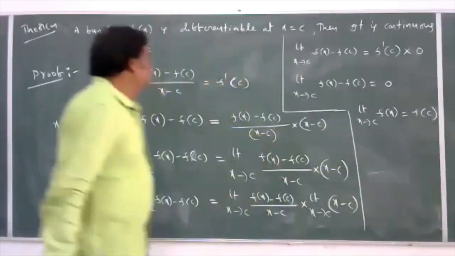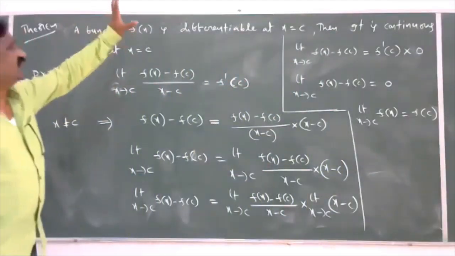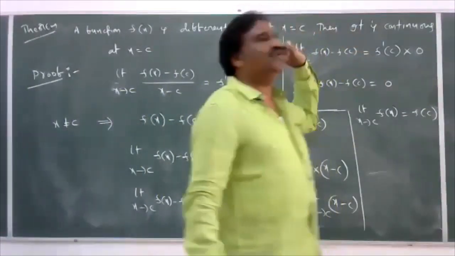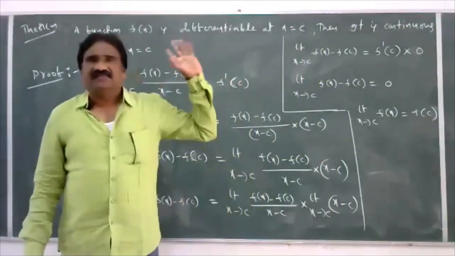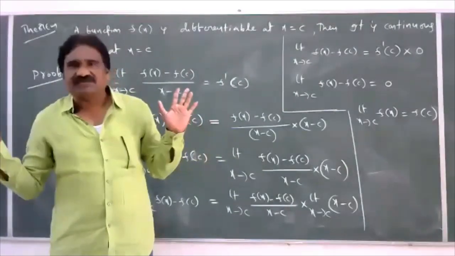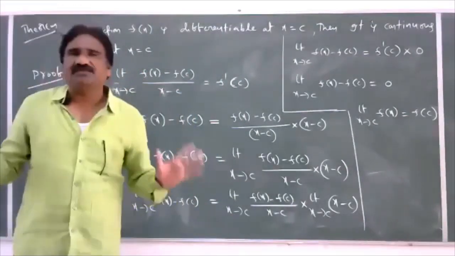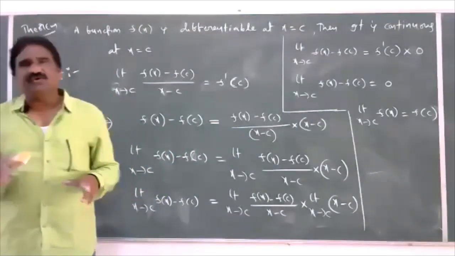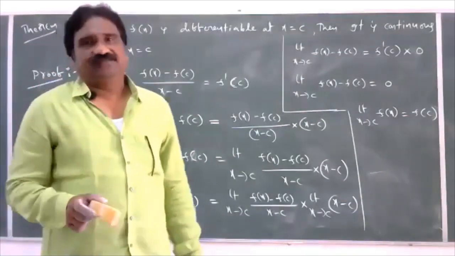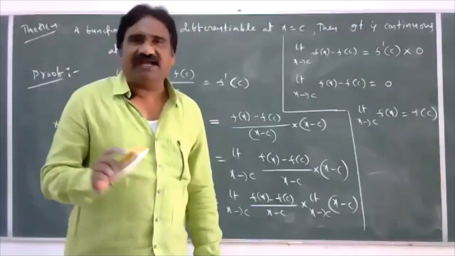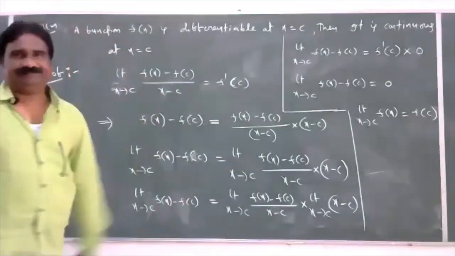So therefore, if f is a differentiable function at x is equal to c, then it is continuous at x is equal to c. That means every differentiable function is continuous in its domain, by using this proof.